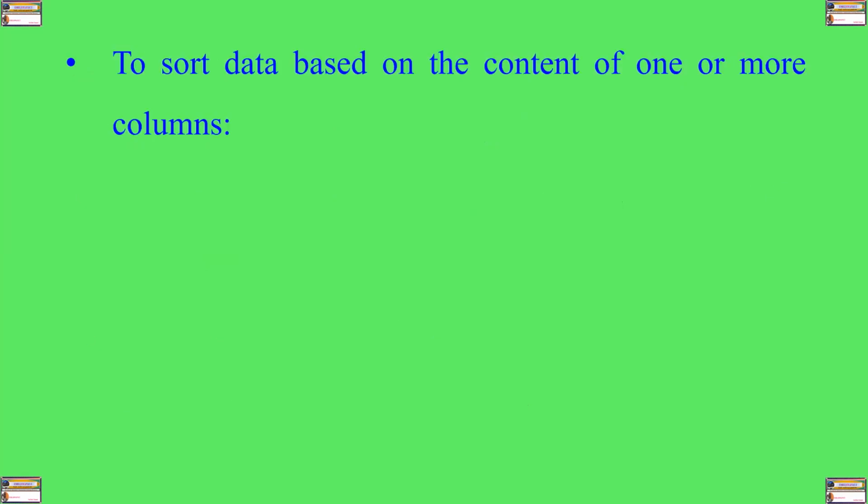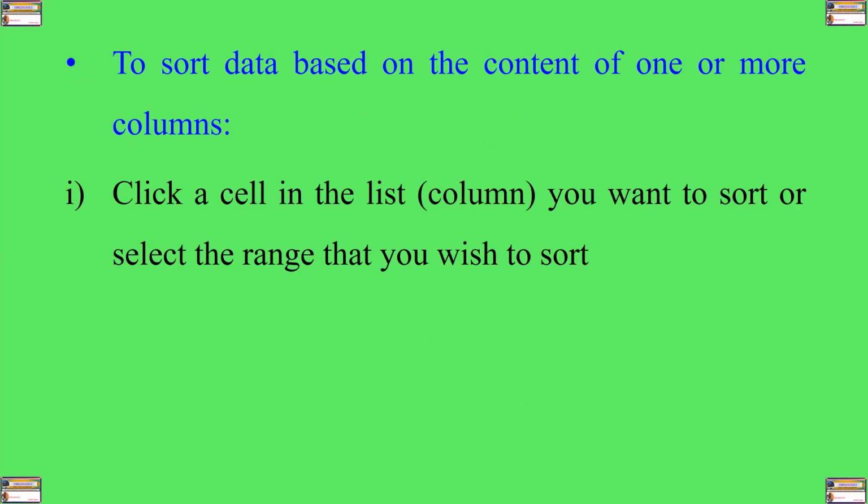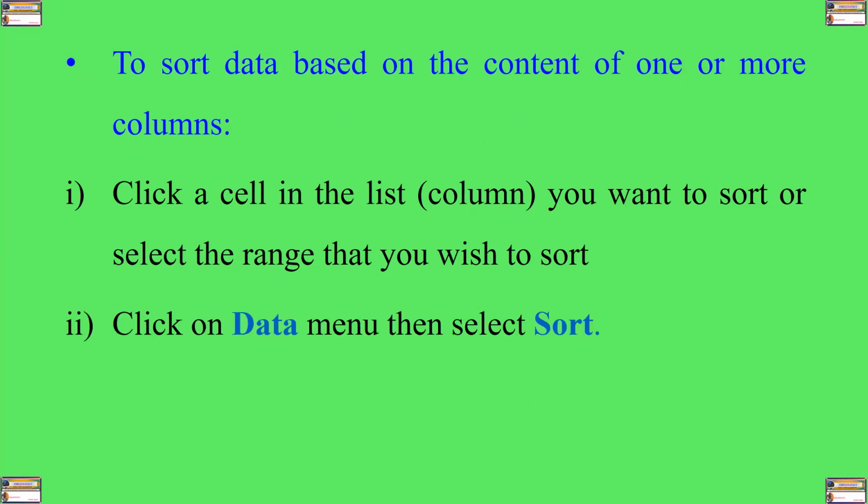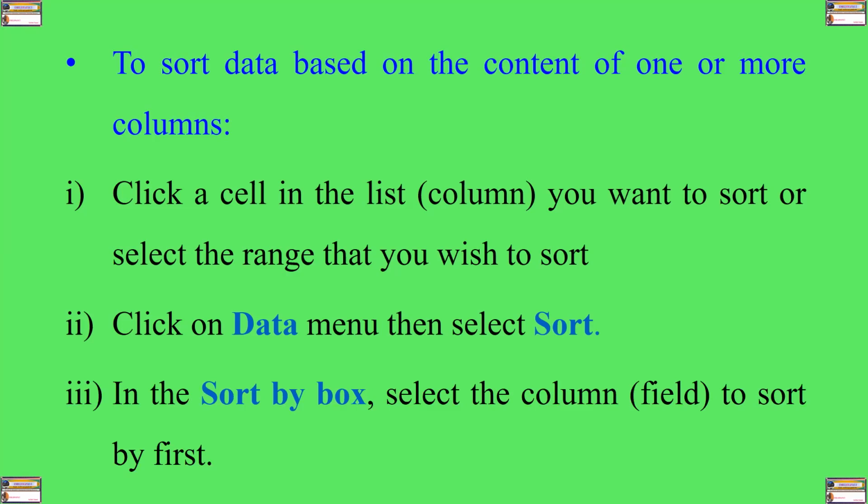To sort data based on the content of one or more columns, number one, you click a cell in the list, that is a column that you want to sort, or select the range that you wish to sort. Number two, you click on the Data menu, then you select Sort. Number three, in the Sort by box, select the column or field to sort by first.